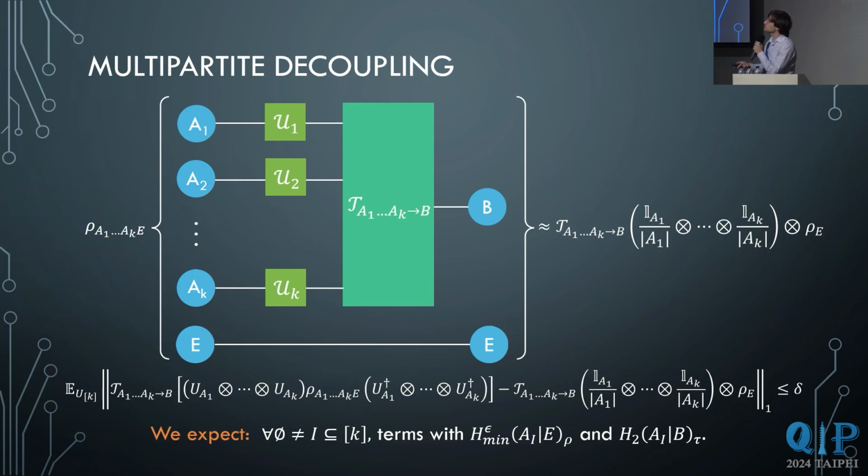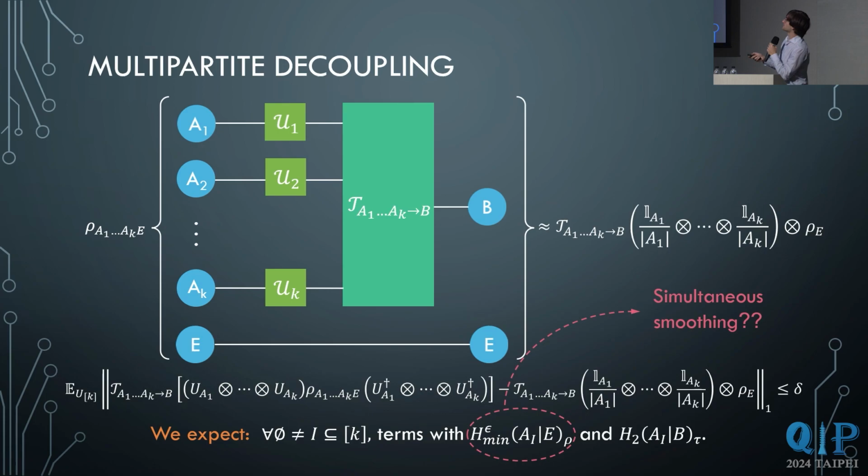And notice that we would expect a term accounting for the correlations of each one of the marginals with E, but not only each one, also each pair, each three, so any kind of marginal of Alice, we want to account somehow for the amount of correlation that it has with E. So we will have this whole set of quantum entropies, and we expect one for each possible marginal, right? And this is when simultaneous smoothing comes into play and we stumble upon the problem.